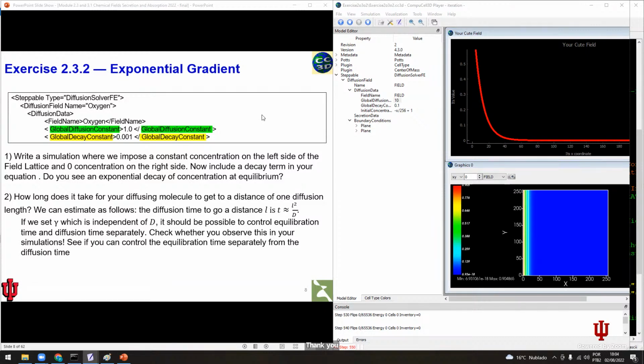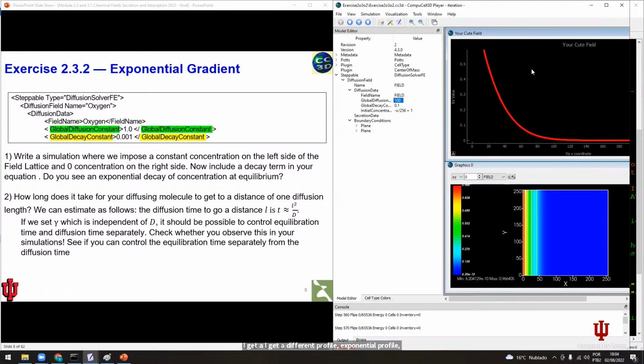Okay. So notice when I change the global diffusion coefficient, I get a different exponential profile, because the higher diffusion allows the field to spread out better. So I will have a different profile for my exponential.